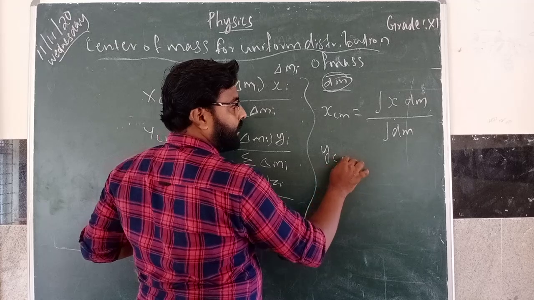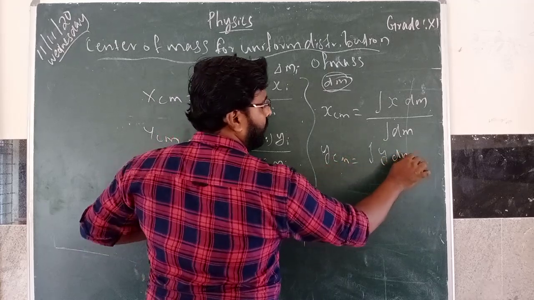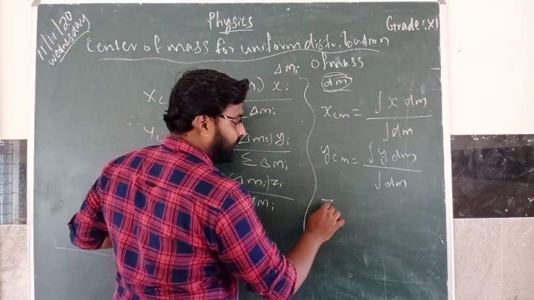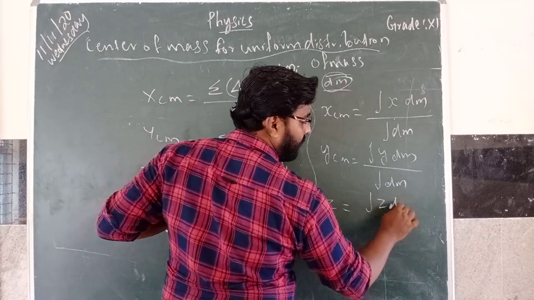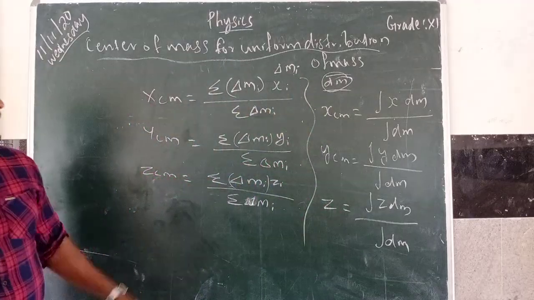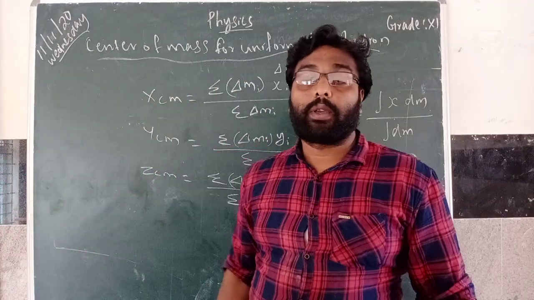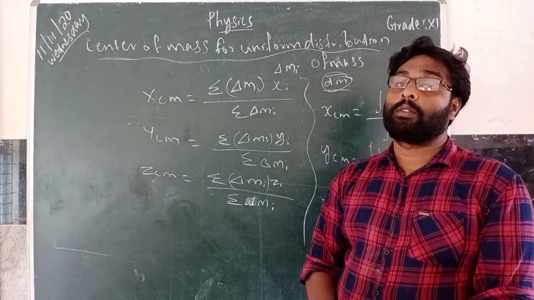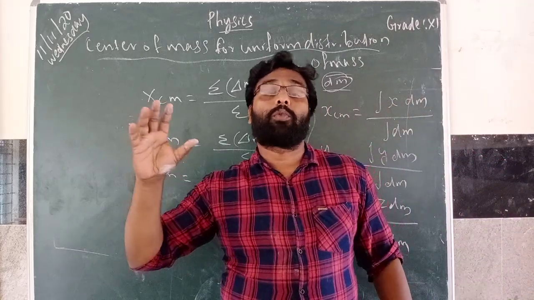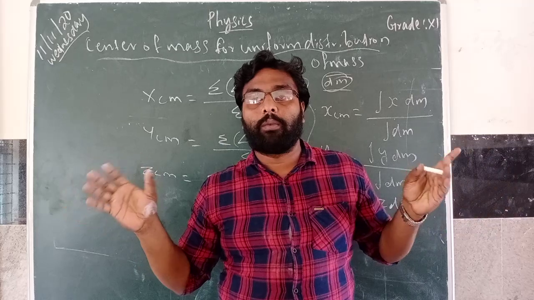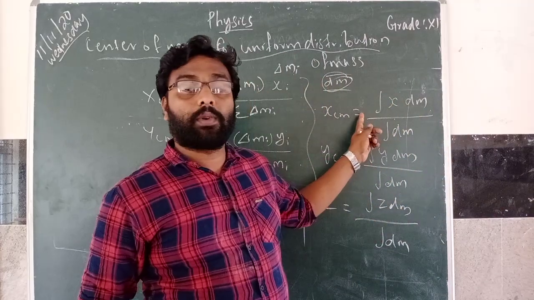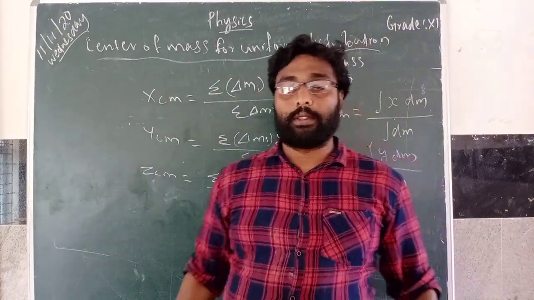For the y-axis you can use y dm by dm, and for the z-axis you can use z dm by dm. These are the formulas you can use to find the center of mass for the uniform distribution of mass. It means you distribute the whole bulk body mass into point masses, and if you integrate you can use this formula, or else you can use the other one.